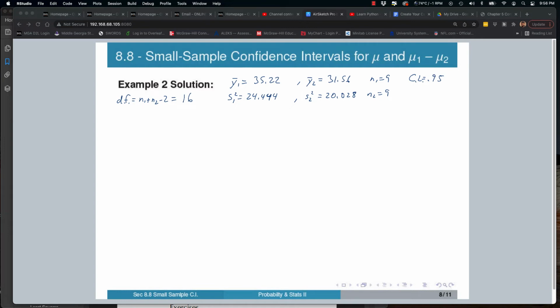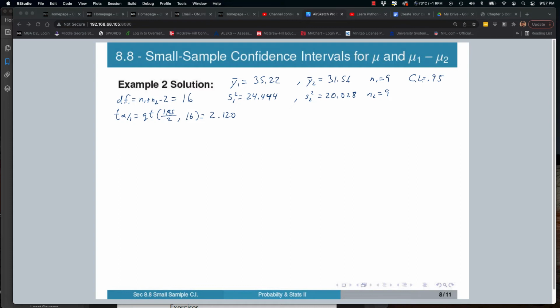And then our critical value, t sub alpha over 2: since we're doing a 95% interval, it's going to be qt in R of 1 plus 0.95 over 2, with 16 degrees of freedom, and that gives me a critical value of 2.120. So now I have everything I need to plug into the formulas.